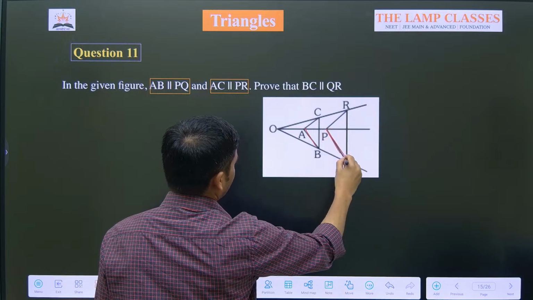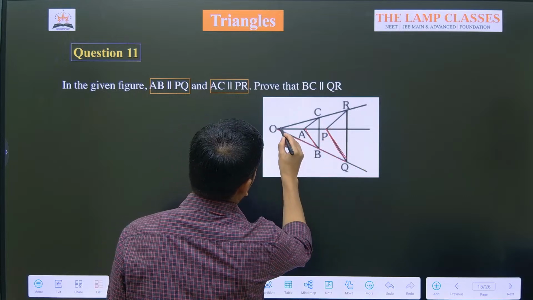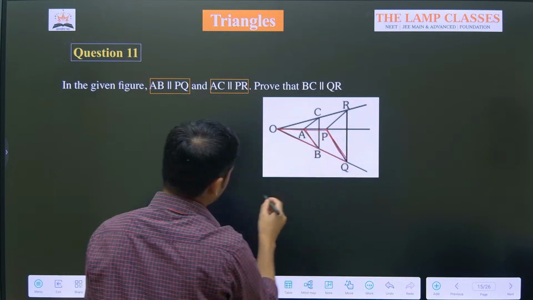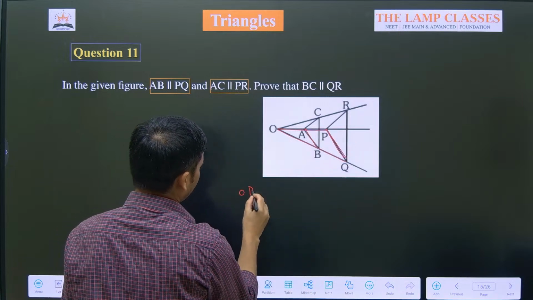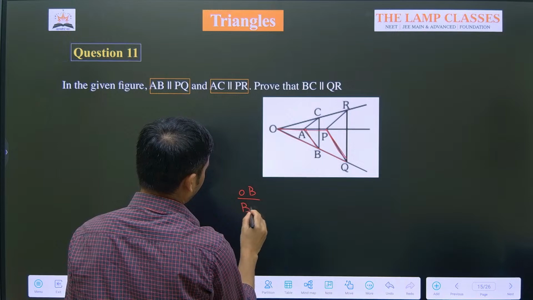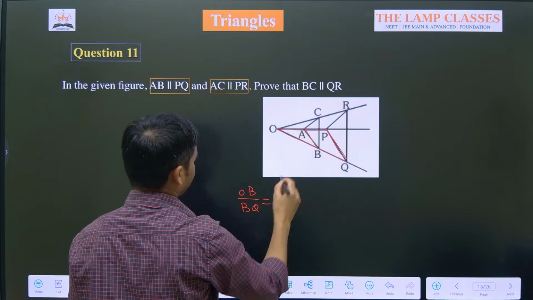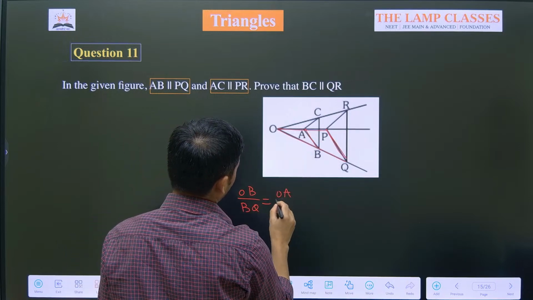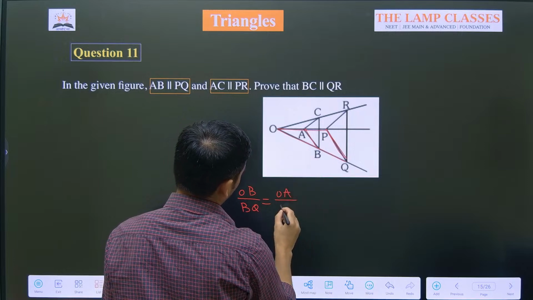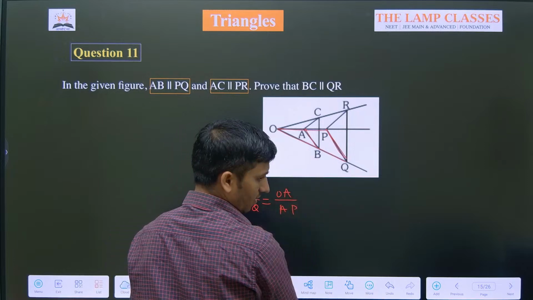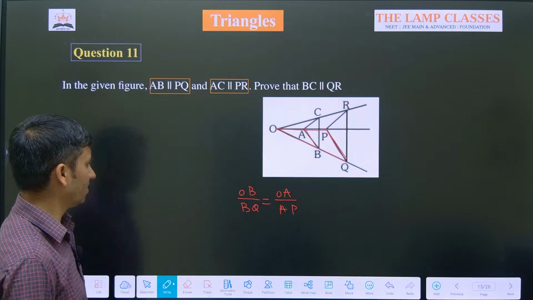So let's focus on this triangle, right? Since they are parallel, can I say OB upon BQ should be equal to OA upon AP, right? That should be the first thing.